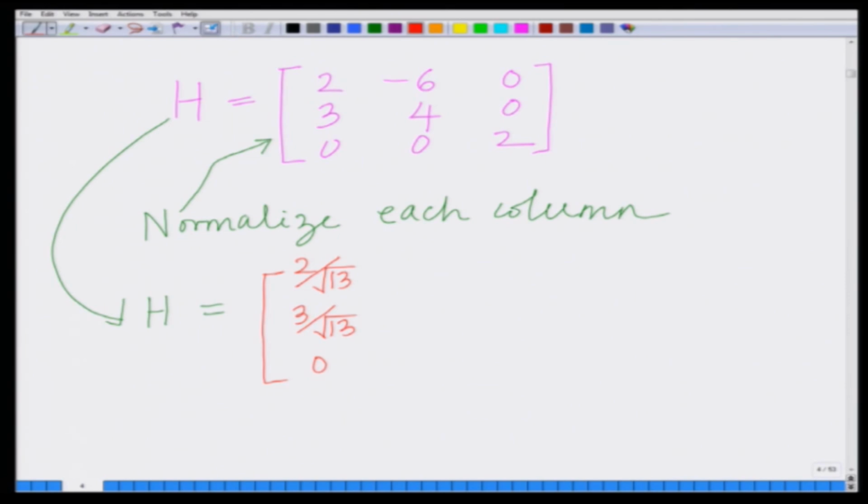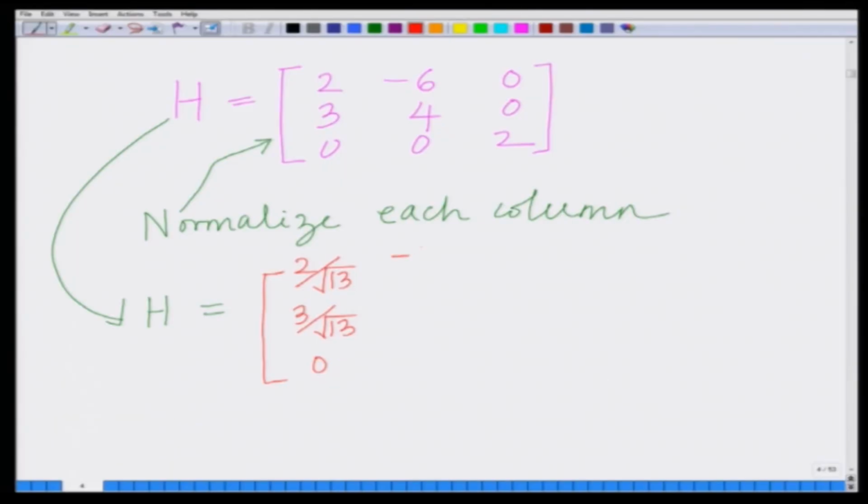Similarly, the second column is minus 6, 4, 0. The norm of this second column is square root of 6 square plus 4 square plus 0 square, that is square root of 36 plus 16, that is square root of 52. So, I can divide by the square root of 52 to normalize this column or make this column unit norm.